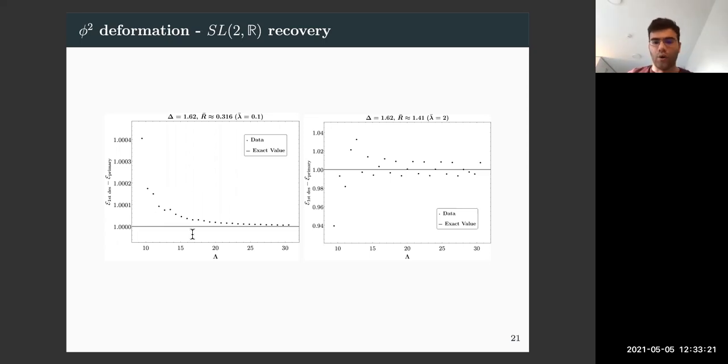And it should go to 1. It should be integer separated, right? As you can see, with increasing the UV cutoff lambda, it's going nicely to 1. For higher coupling, it also happens, but the convergence is a bit slower. Even for lambda bar equal to 2, which is far from the perturbative regime, it's still recovering it up to like 1% error.